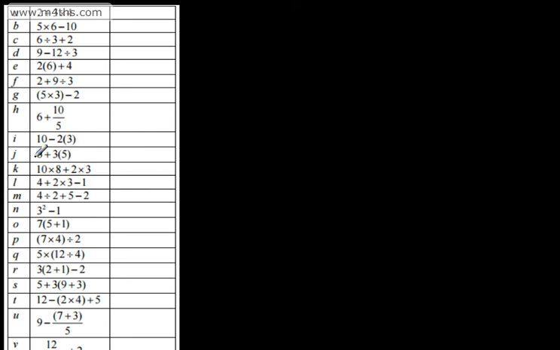Okay, let's move on and look at something slightly more challenging. Just here, we've got 10 multiplied by 8 plus 2 multiplied by 3. We've got now multiplication, addition and multiplication.